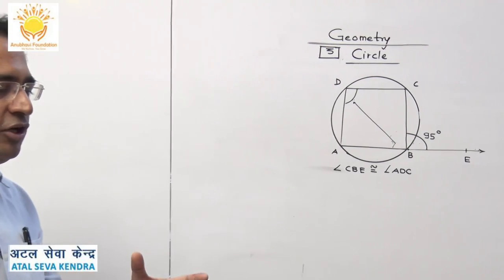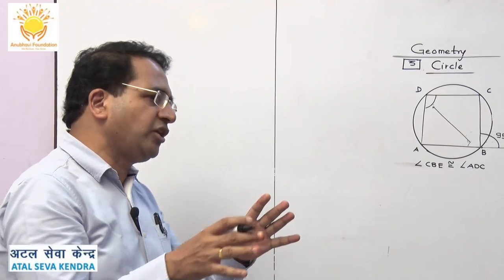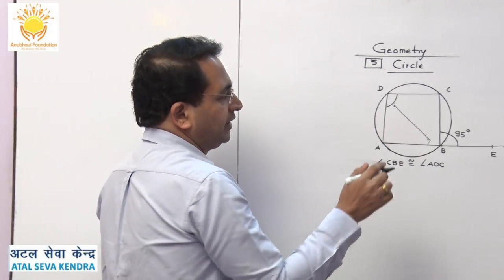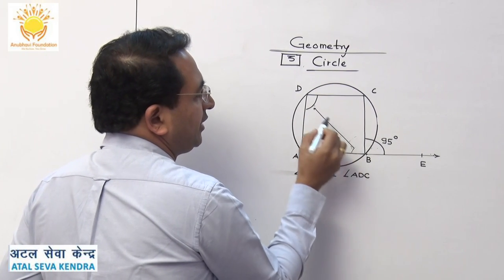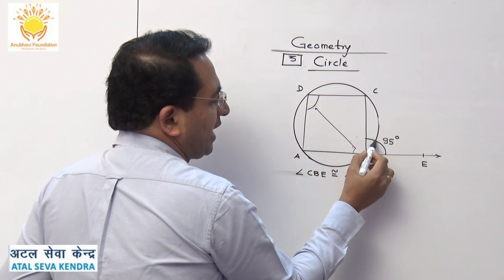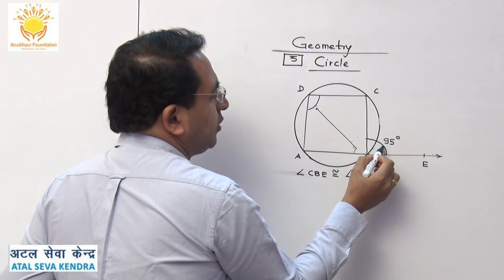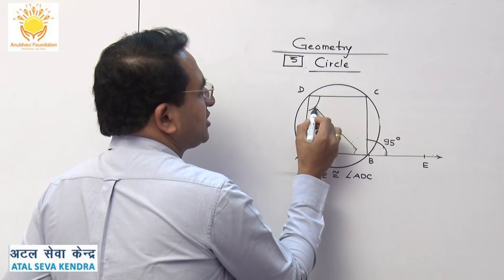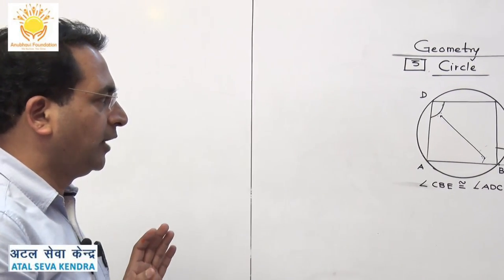But for that calculation you require two steps. Here, we can make use of the property directly: this angle is the angle opposite to its adjacent interior angle. So, the exterior angle of a cyclic quadrilateral is equal to the angle opposite to its adjacent interior angle. This is the way we have to mark it. Are you getting it?